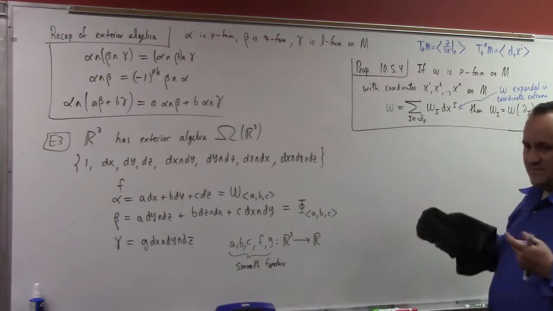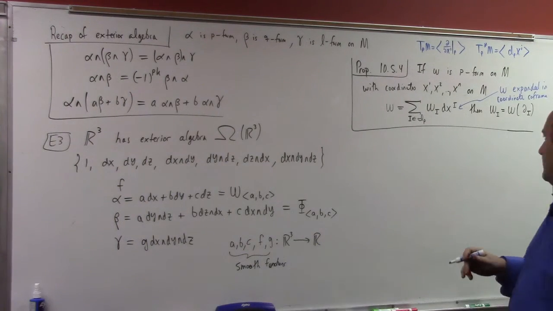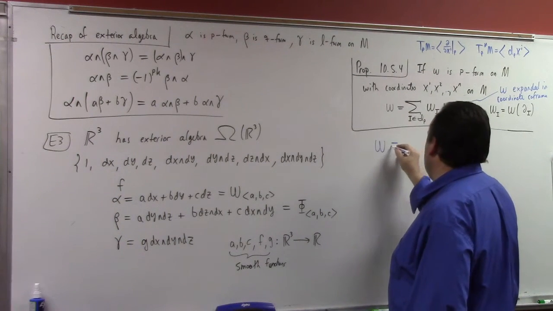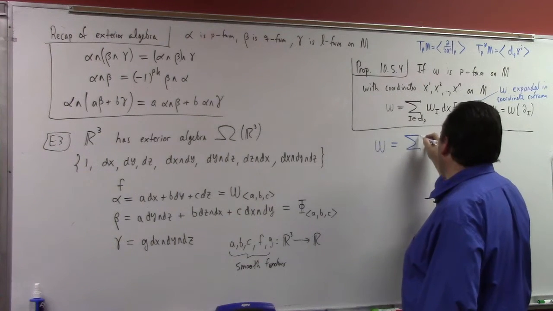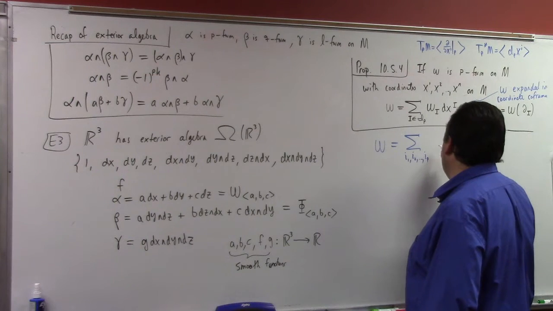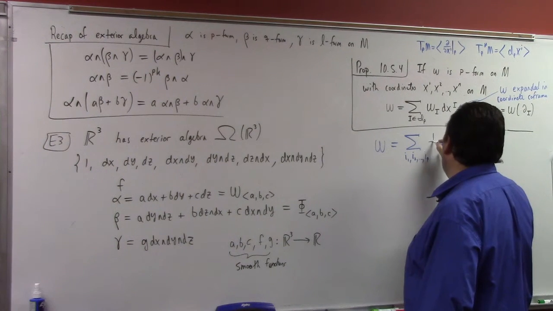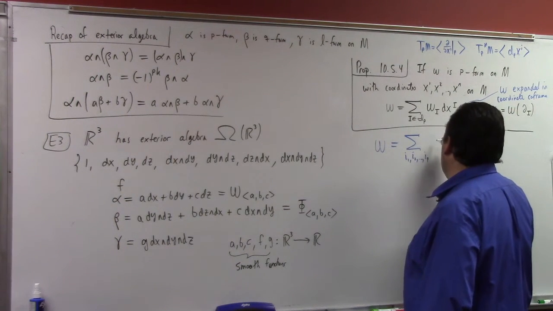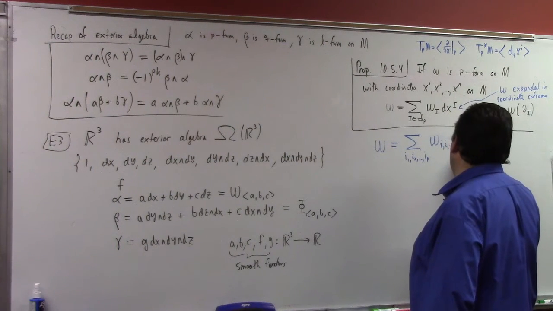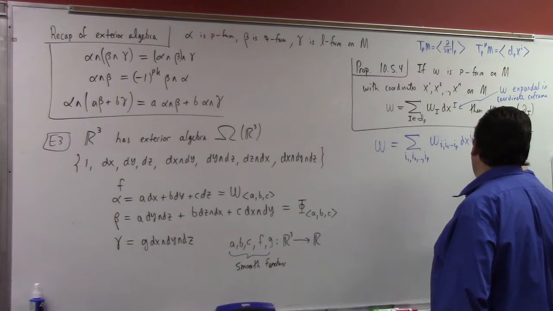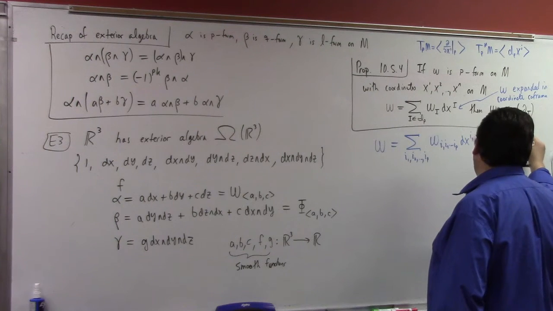So I should just make use of what we've done before properly, which is to say that we can also write that as omega equals a sum over I1, I2, ..., IP of omega sub I1, I2, ..., IP, dx I1 tensor dx I2 tensor ... tensor dx IP.